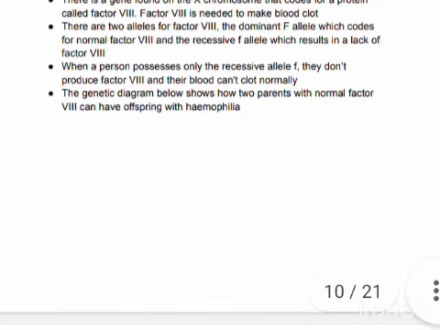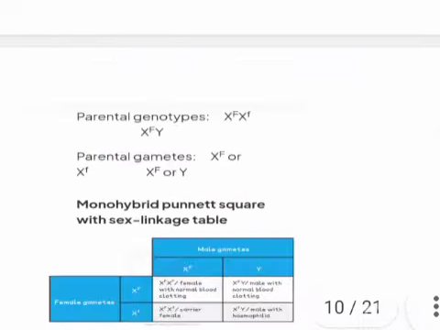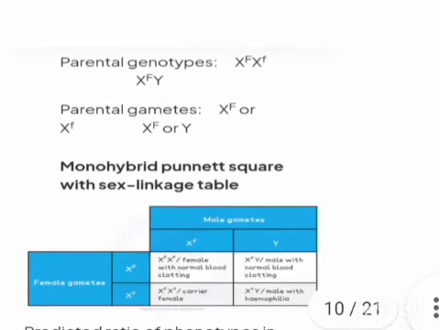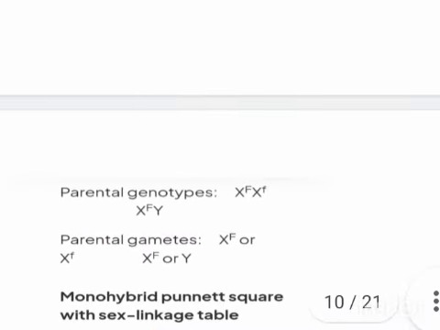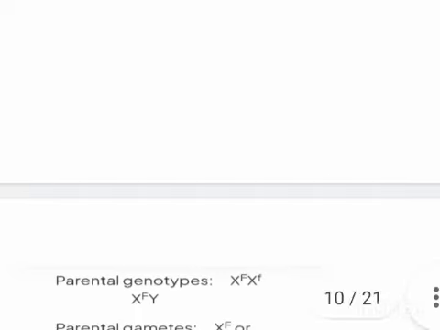The genetic diagram below shows how two parents with normal factor VIII can have offspring with hemophilia, right? We can see that the parents have normal factor VIII. The female is heterozygous and the male has a capital F, meaning he has normal factor VIII.